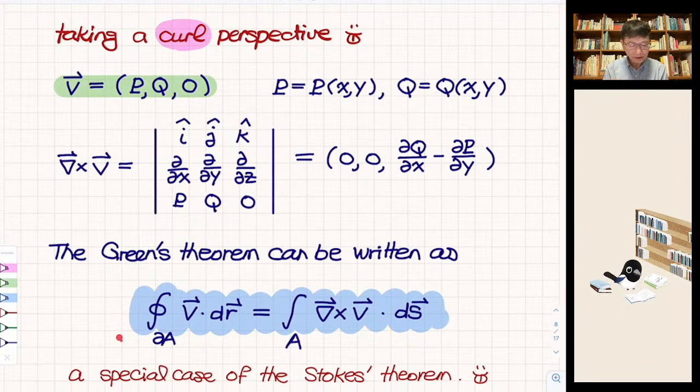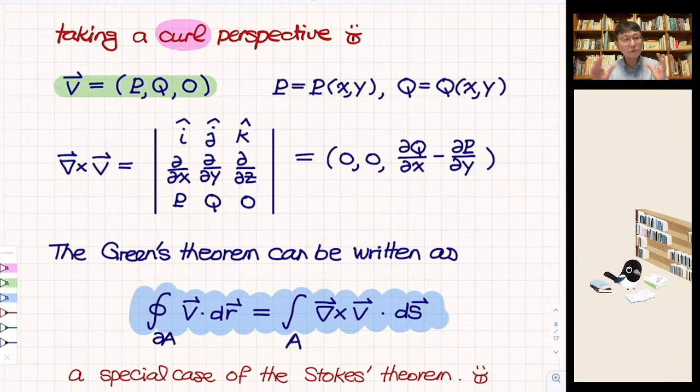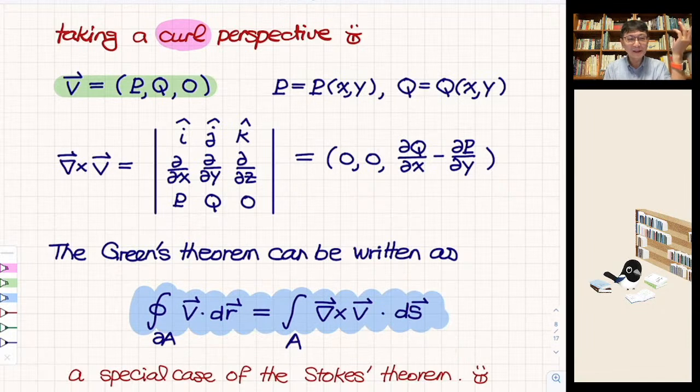Okay, so now I can rewrite Green's theorem in terms of everything I have learned before: the line integral, surface integral, vector fields, and the curl of the vector field. So nice. Once you write it this way, it's tempting to assume that this might also work in 3 dimensions.